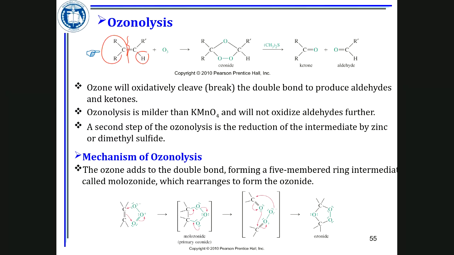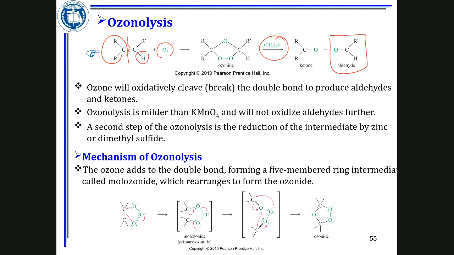Now, it depends on the solvent that you are using for ozonolysis. If the solvent is dimethyl sulfide, your aldehyde would stay as an aldehyde, it is not going to change to a carboxylic acid. Because what happens to this? This is going to capture one of these oxygens from the ozone.